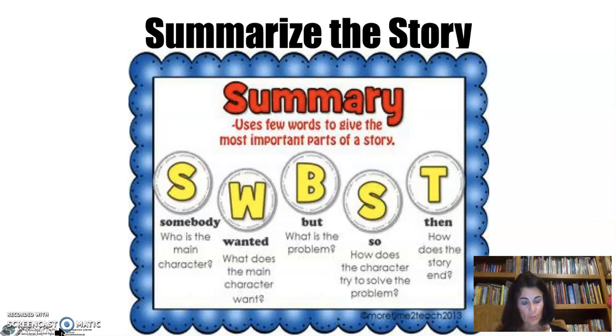Have you seen teachers use this type of graphic organizer called a somebody wanted but so then? Please recall the National Reading Panel identified graphic organizers as effective techniques for boosting students' reading comprehension.